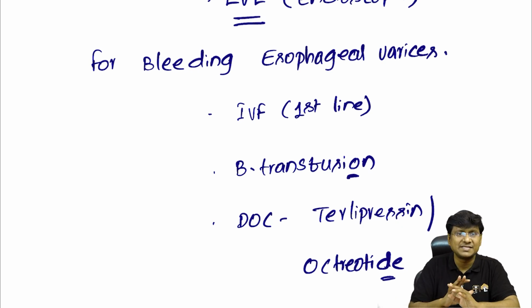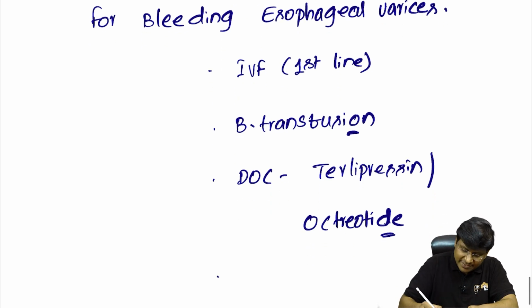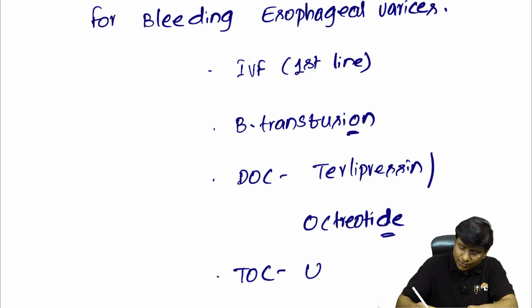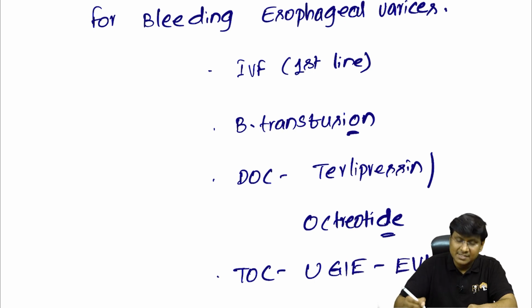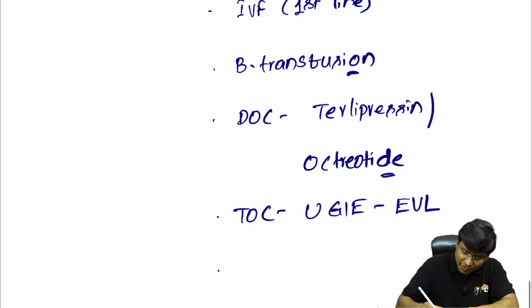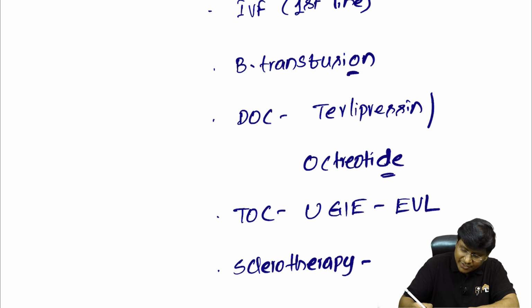And once the individual is stabilized, what will be the treatment of choice? You need to do upper GI endoscopy, right? After that, you need to plan for esophageal variceal ligation or banding, right? And the other alternative is that you need to do sclerotherapy.